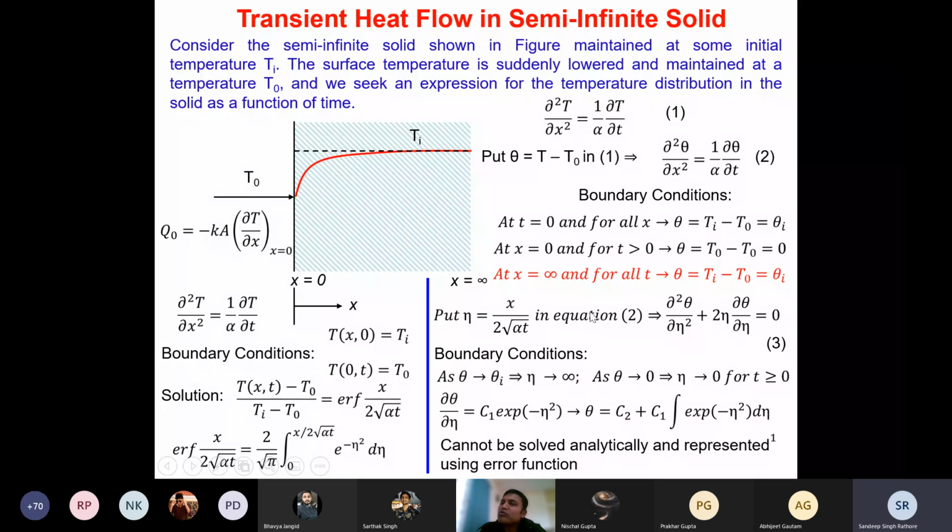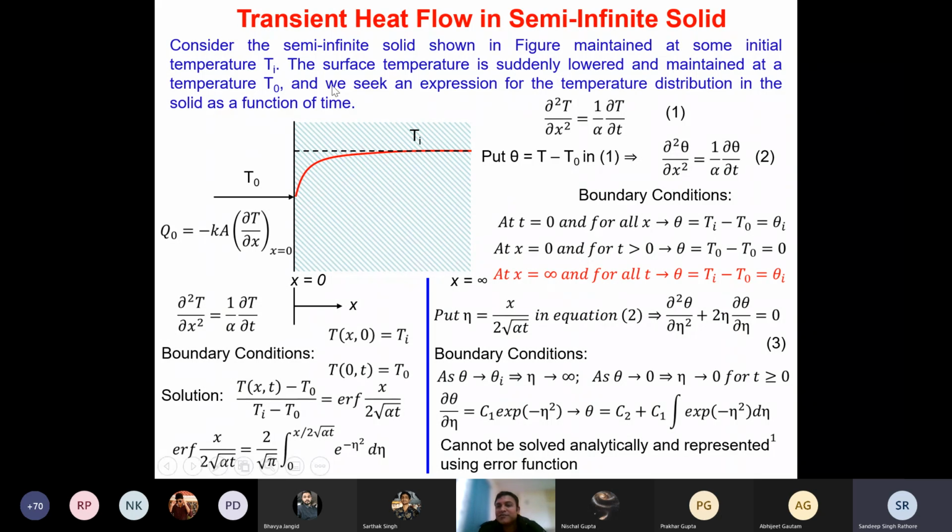That means you will not be able to give infinite time, isn't it? Correct? Yes, sir. So you will have a temperature profile, something which is shown by a red line. Okay, now let us solve this situation. This is something called transient heat flow in a semi-infinite solid.